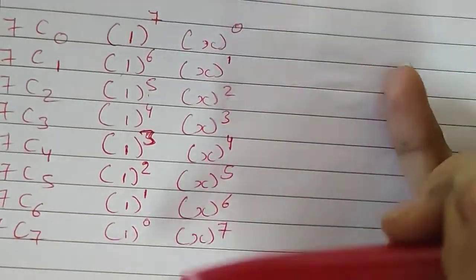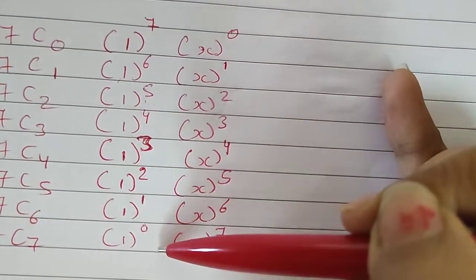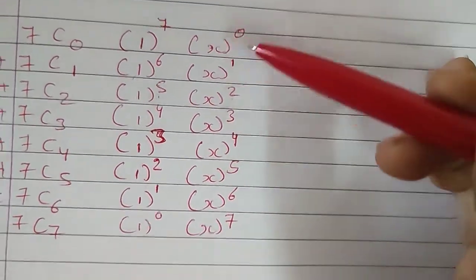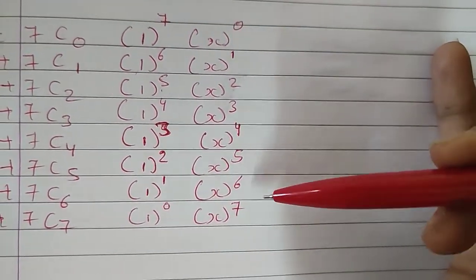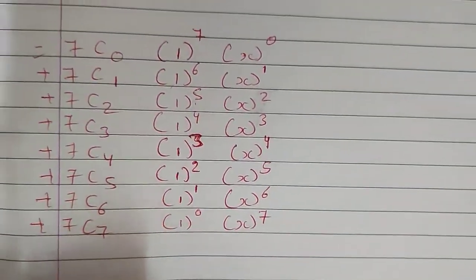So here it will be in decreasing order like 7, 6, 5, 4, 3, 2, 1, 0, and here it will be in increasing order 0, 1, 2, 3, 4, 5, 6, 7.